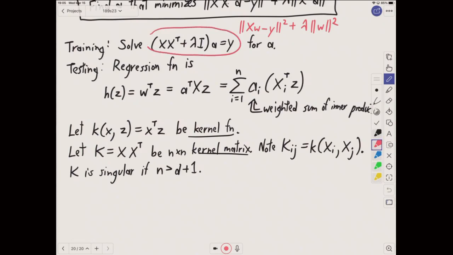remember, we want to solve this equation. This XX transpose is the kernel matrix K. If lambda is 0, then if K is singular, then that linear system might not have a solution. And so if you have a singular K, which comes up very often, then you need to use some lambda that's greater than 0 to solve this linear system.